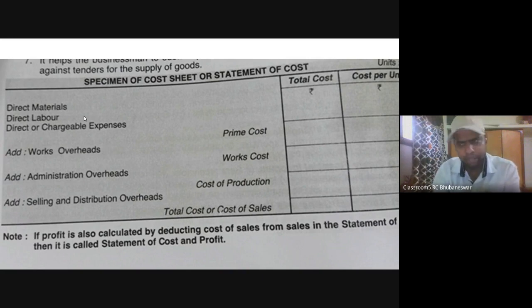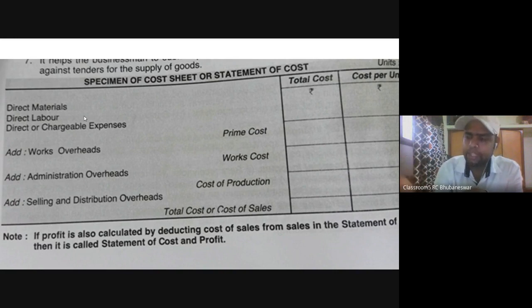That means the delivery van will deliver the product from one place to another, door to door delivery. So all these expenses are after producing the product. Cost per unit will be identified taking into account the cost of production. Then we will add the selling and distribution overhead to find out the total cost, or it is known as cost of sales.